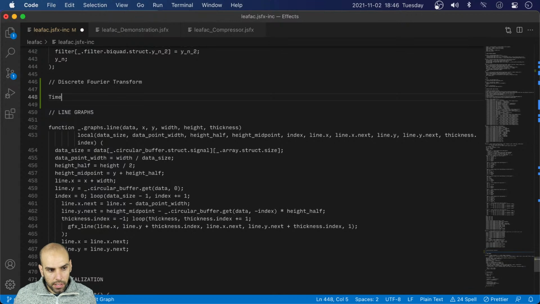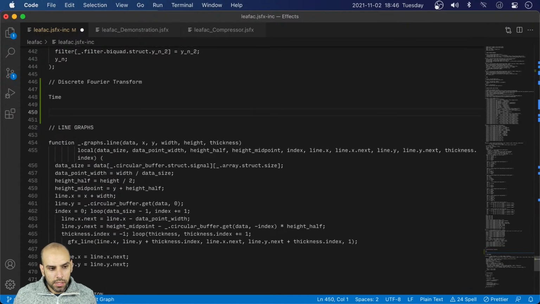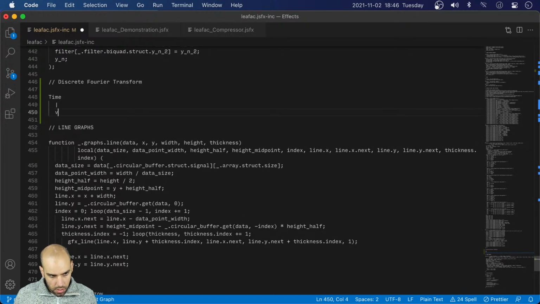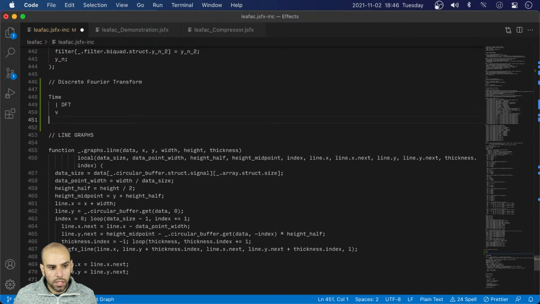So there's the time domain. And then from the time domain, you can use the discrete Fourier transform to get to the frequency domain in terms of real and imaginary parts, where the real is the cosine and the imaginary is the sine.